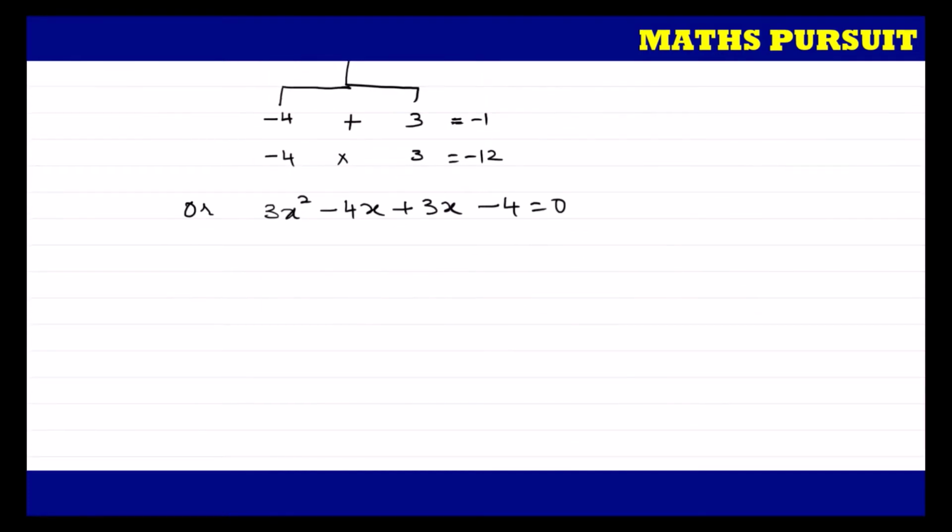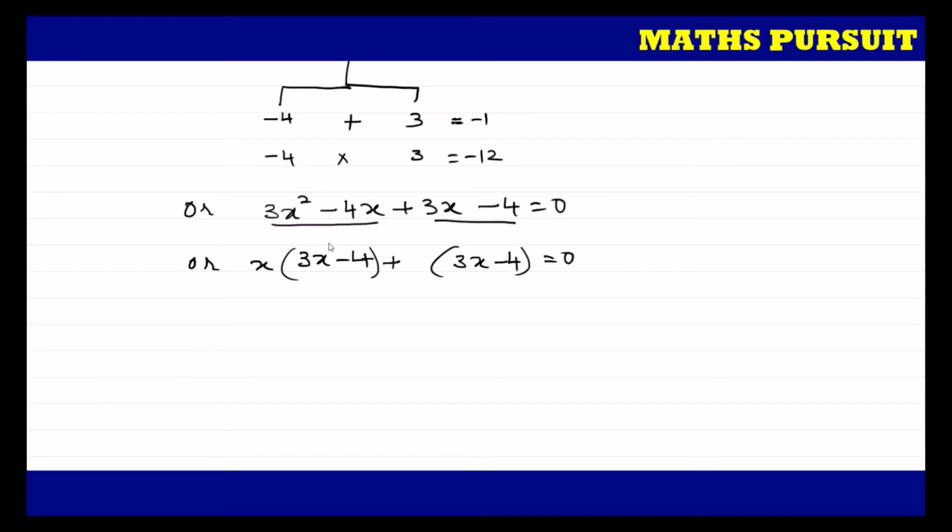Now let us solve this. If you look here, this is the first part and this is the second part. From the first part I can take x as common, and I can write here 3x - 4. If I multiply x with 3x - 4, I will get 3x^2 - 4x. Now here we have +3x - 4.